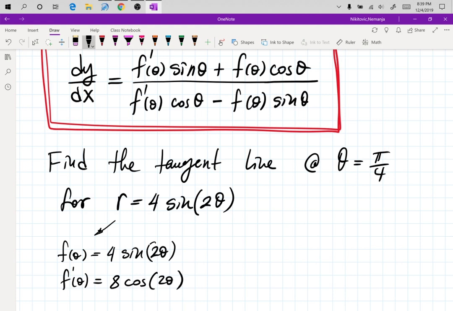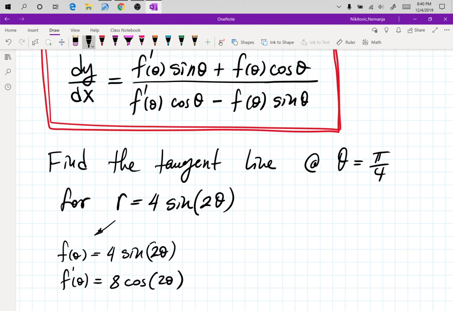The derivative of sine is cosine 2 theta, and then the chain rule will kick 2 outside. 2 times 4 is 8. So I have f of theta, and I have f prime of theta. Awesome. It's time to plug those f and f prime in the function up there, and then in the formula, and then replace every theta with pi over 4, and that will give you the slope.